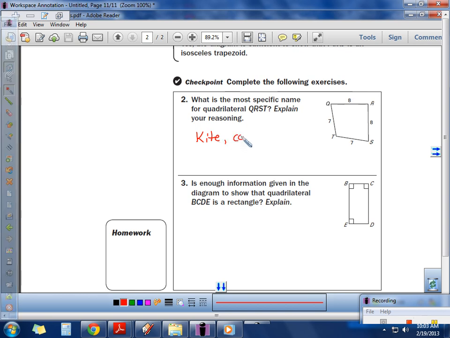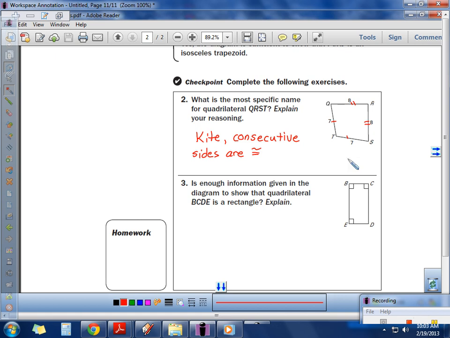Okay, it's because the consecutive sides are congruent. And the other day we said two sets of consecutive sides are congruent, meaning these two are congruent and these two are congruent. So they're side by side instead of being opposite like we're used to seeing.